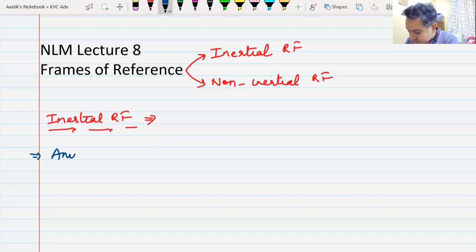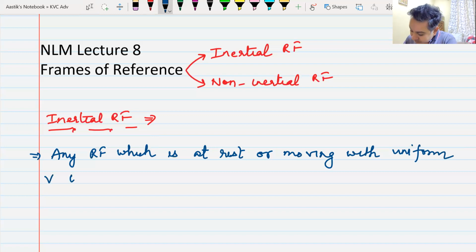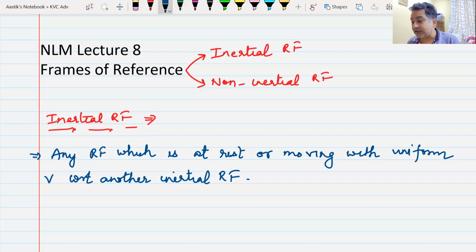Any reference frame which is at rest or moving with uniform velocity with respect to another inertial reference frame can be taken as an inertial reference frame.